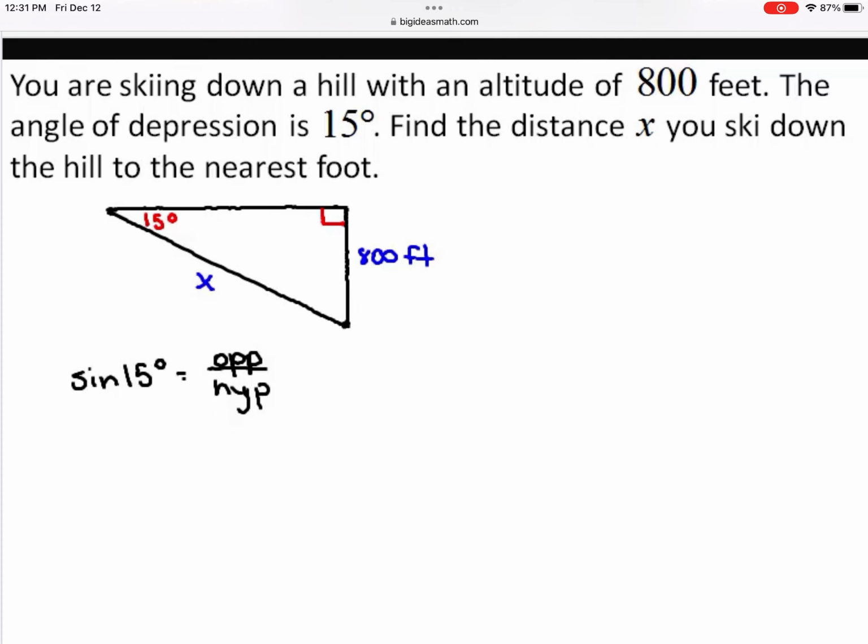So the altitude of 800 feet is the opposite side to your angle, and the distance x is the hypotenuse. So substituting in the given information gives that sine of 15 degrees equals 800 divided by x. Solving for x gives that x equals 800 divided by the sine of 15 degrees.